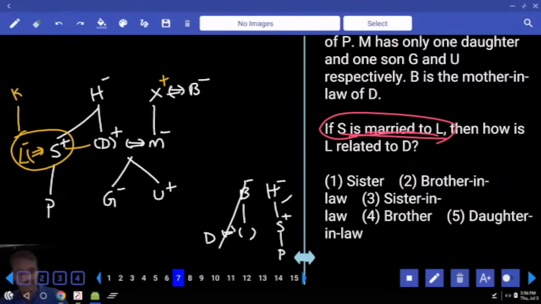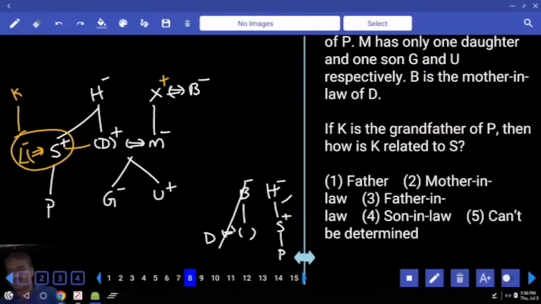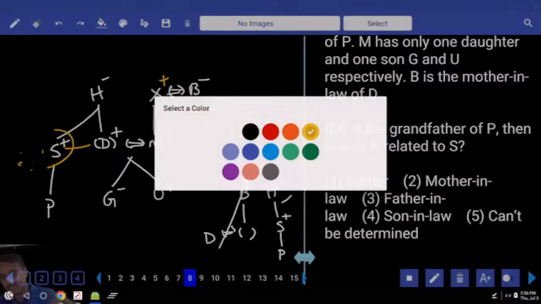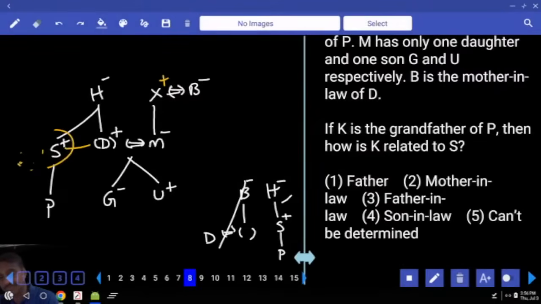Only for this one. Now next, we said K is the grandfather of P. Where should the grandfather of P come? K is the grandfather of P. Maybe K is the grandfather of P. Can it be here or not? K is the grandfather of. Clear? That is one part. Or now if S got married, it can be there again. Are there 2 chances or not? 2 possibilities.